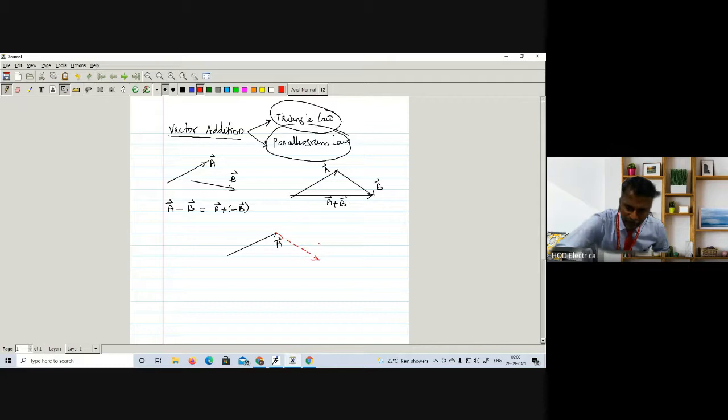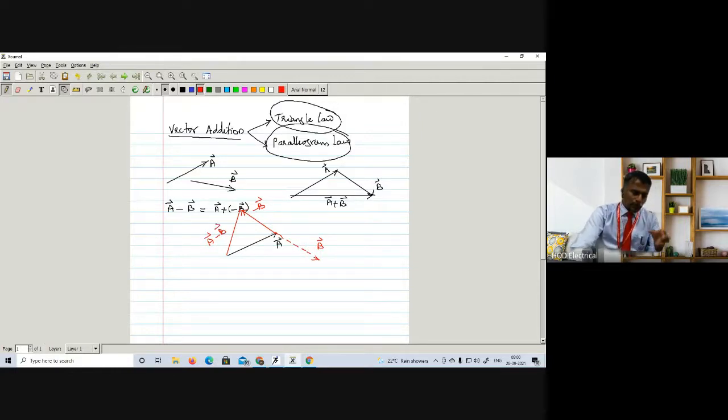I am interested in finding the direction of minus B vector. Minus B vector will be just the opposite of this. This is called minus B vector. So the resultant of these two will be my A vector minus B vector. This is vector subtraction.